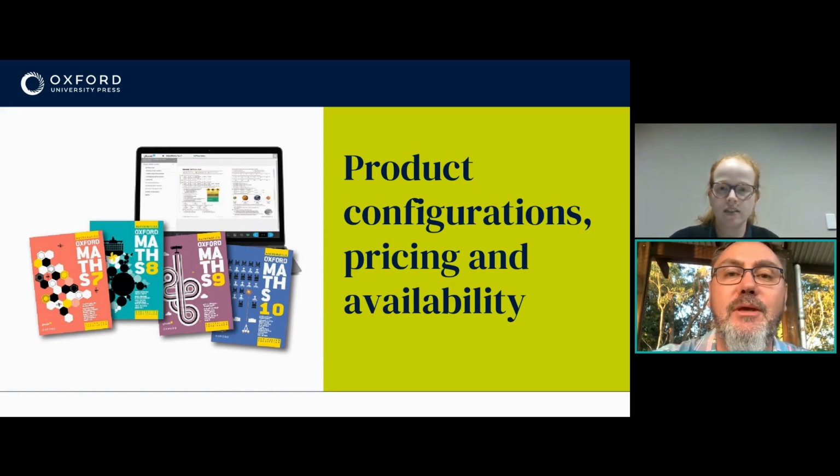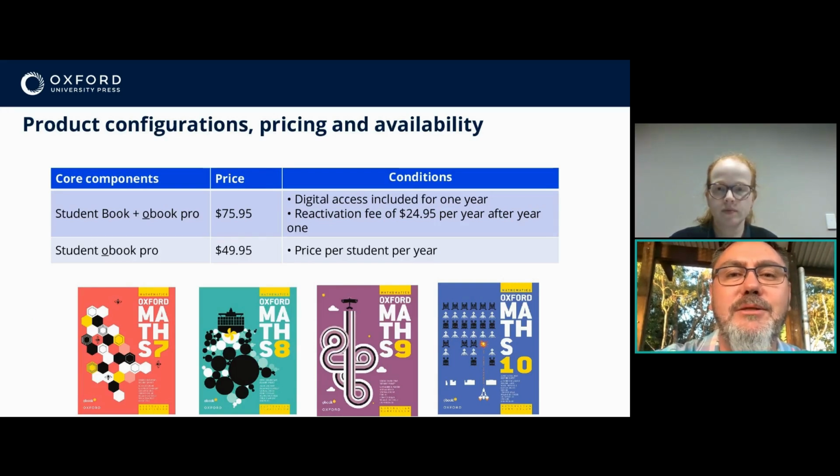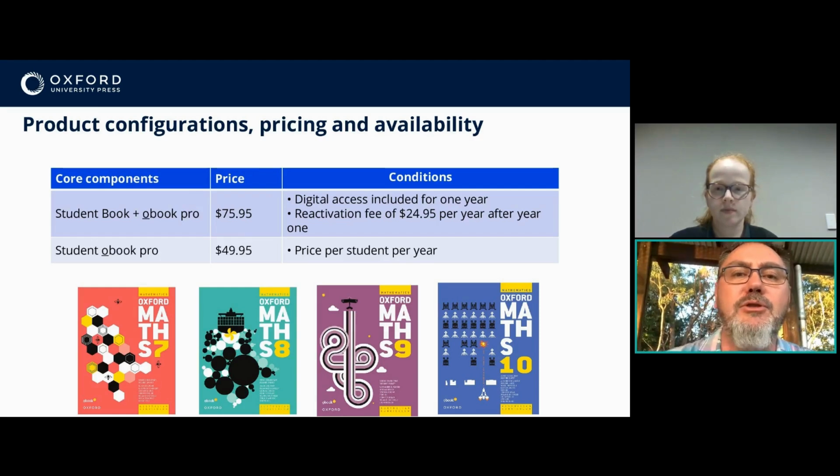I'm going to go through the product configurations and pricing availability. You've got all year levels, and as Alex said, they're already available and all the digital components are ready to go. The student book with an O book with 1 year access comes to $75.95.